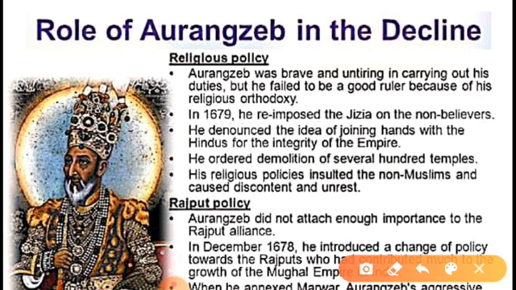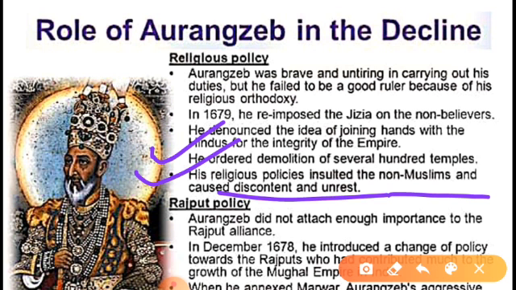He demolished hundreds of temples of the Hindus, and his religious policies insulted the non-Muslims and caused discontent and unrest. So here you can see that his religious policies were totally against the non-Muslims. He imposed many different types of taxes on the non-Muslims. So non-Muslim rulers and people stood against him, and it became one of the causes of this decline.